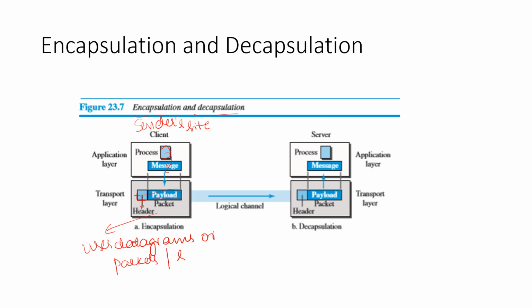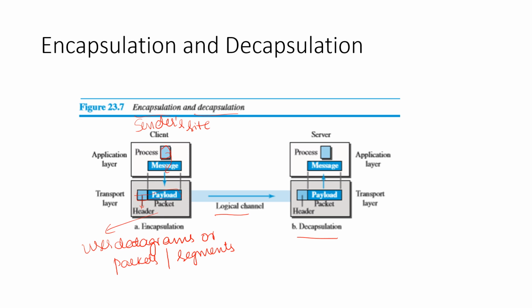Sometimes we also term them segments. Depending on which transport layer protocol we use, these packets are sent to the destination through the channel, and at the receiver end decapsulation happens at the destination.